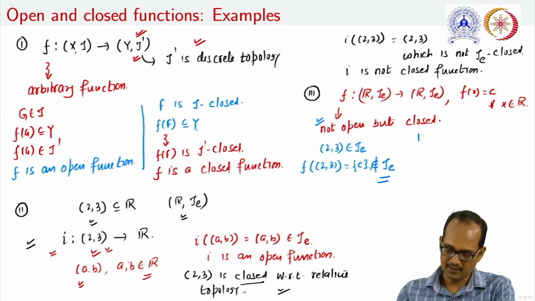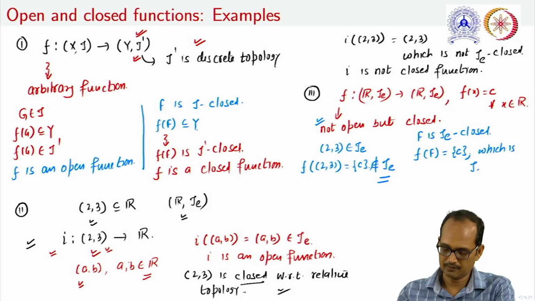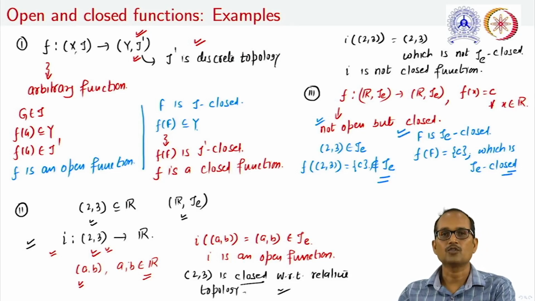But if we are taking any closed subset with respect to Euclidean topology, that is F in tau_e closed, the image of this F under the function f is the singleton set {c}, which is always tau_e closed. Therefore, this function is a closed function.